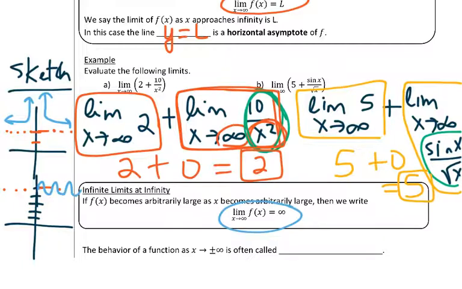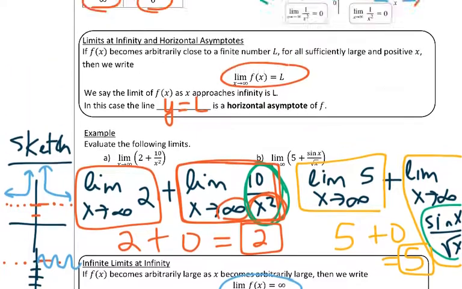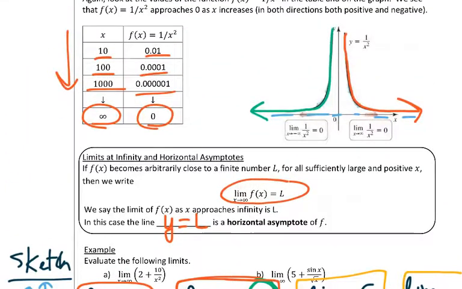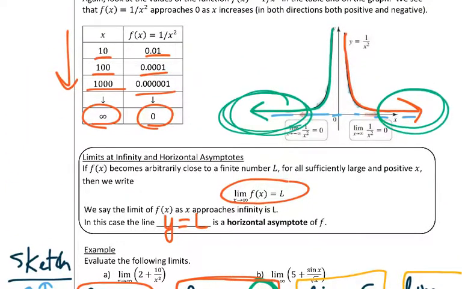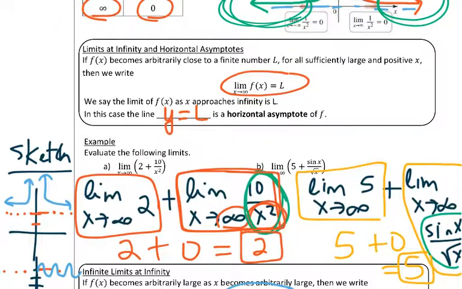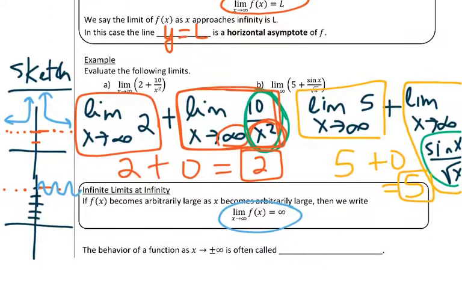The behavior of a function as x approaches positive or negative infinity, right? So if I look back at this graph, we're looking at what's happening over here and what's happening over here. In the past, we have called it end behavior. So really, we're looking at end behavior: what's happening as x gets very, very large or very, very small. And that is it for this set of notes.